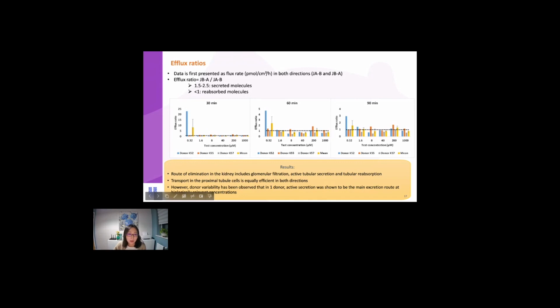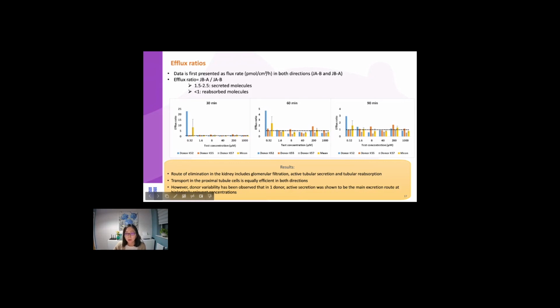However, it's worth mentioning that at the lowest concentration, like this 0.32, in the donor K52, for all 3 time points, the efflux ratio was quite high, indicating active secretion was the main excretion route. So the overall results show that all 3 processes are involved in the elimination of BP4 in the kidney.